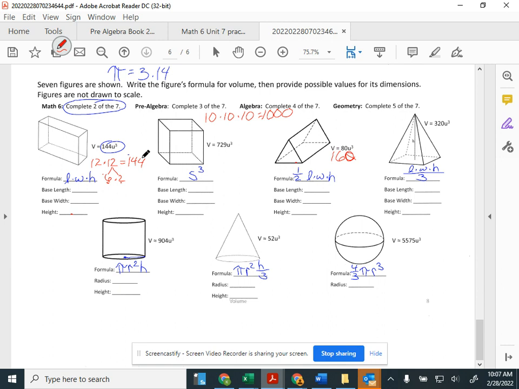Because then I know I'm going to divide them by 2 to get 80. Same thing with my pyramid. I'm going to multiply it by 3 and then see what 3 numbers I multiply together to get that. We get an idea of how to work with these formulas?